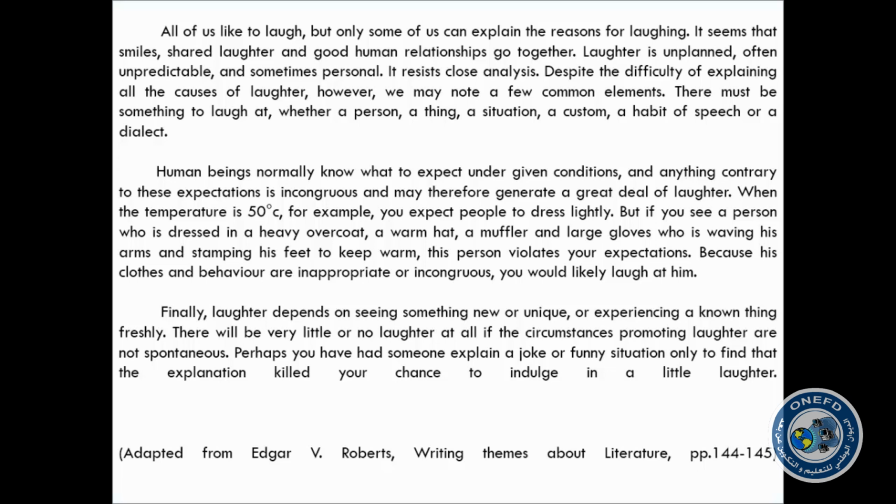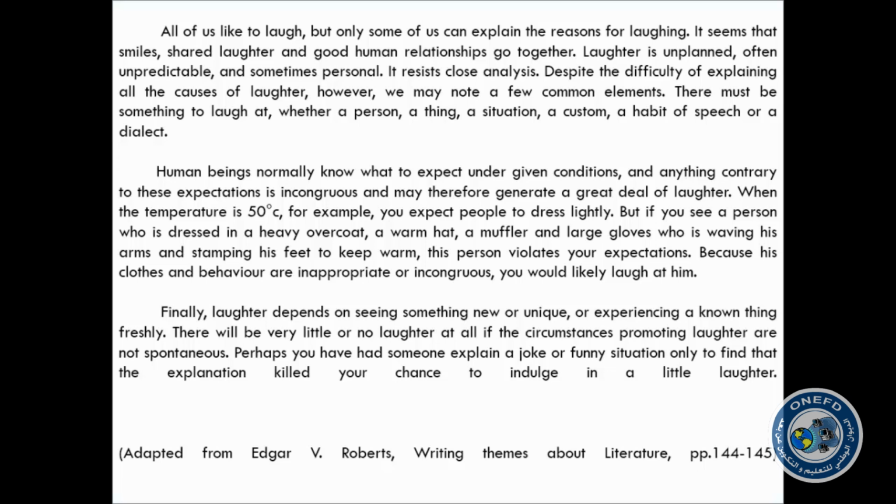Despite the difficulty of explaining all the causes of laughter, however, we may note a few common elements. There must be something to laugh at, whether a person, a thing, a situation, a custom, a habit of speech, or a dialect. As you can see, the text is composed of 3 paragraphs.